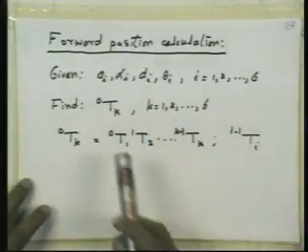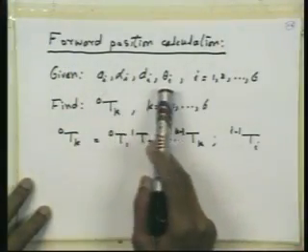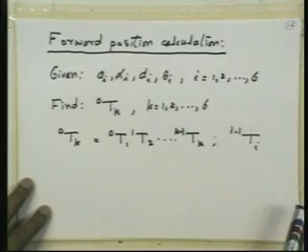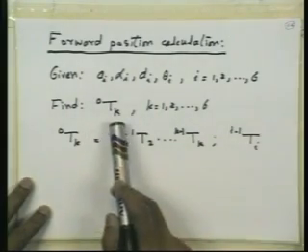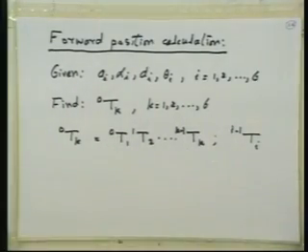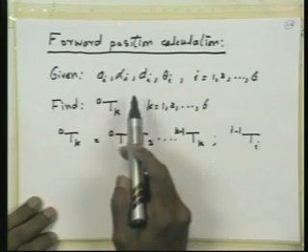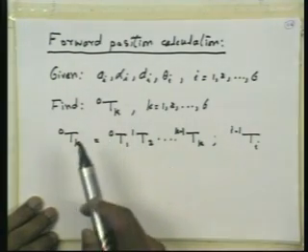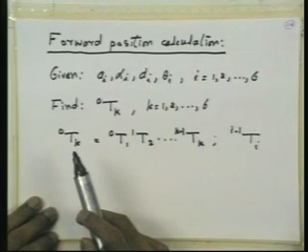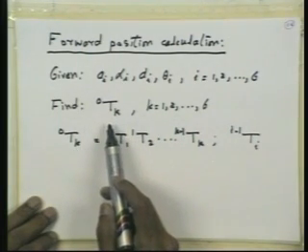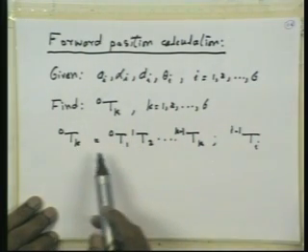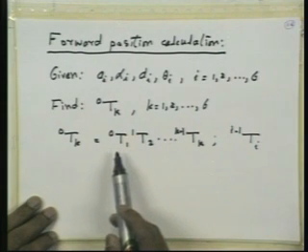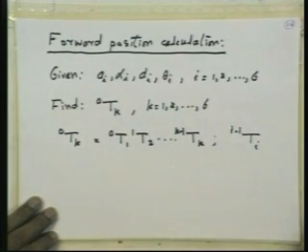where given the joint variables and the linkage parameters, we need to determine the end effector position and orientation represented by this 4x4 matrix, and that is obtained very easily by multiplying these 6 transformation matrices which are fully known to us.